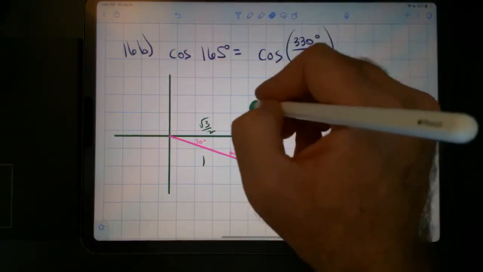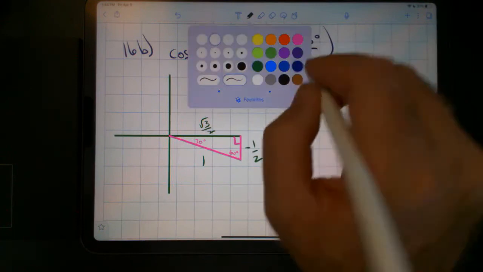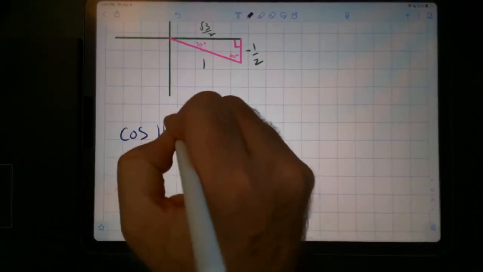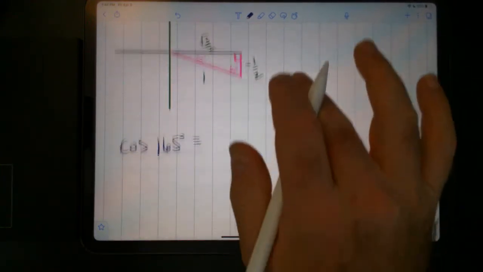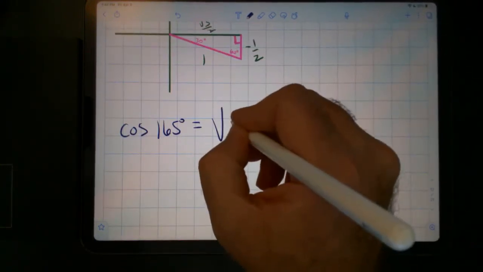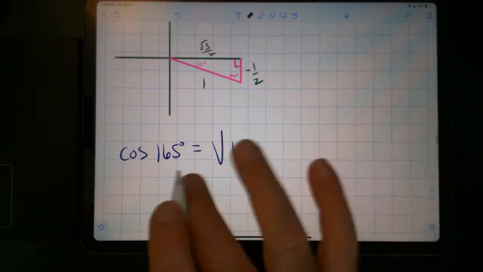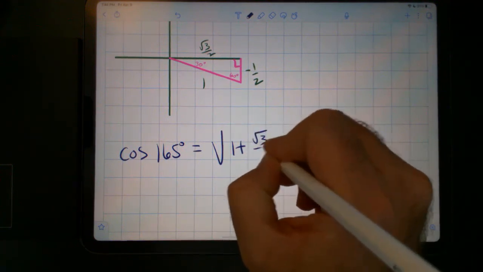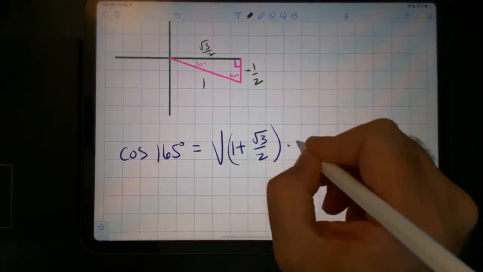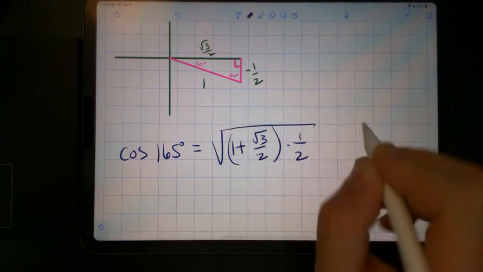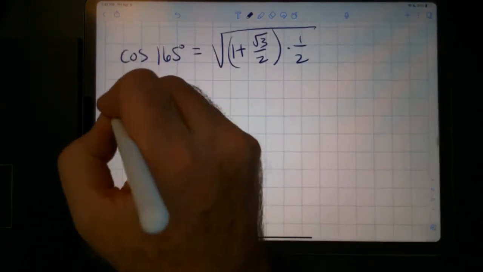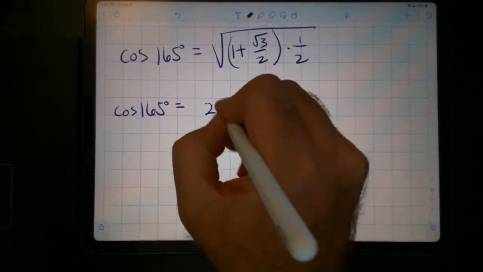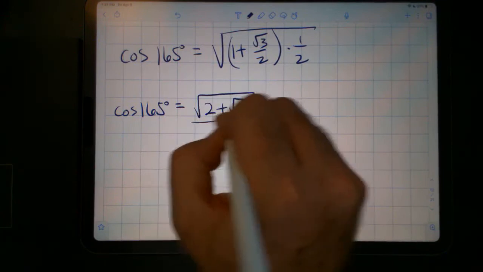So that cosine is positive, so it will be 1 plus cosine of alpha, which would be radical 3 over 2, and all of this is divided by 2 or multiplied by 1/2, so that this will be 2 plus radical 3 divided by 2.